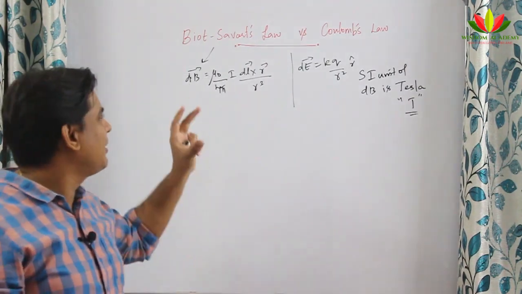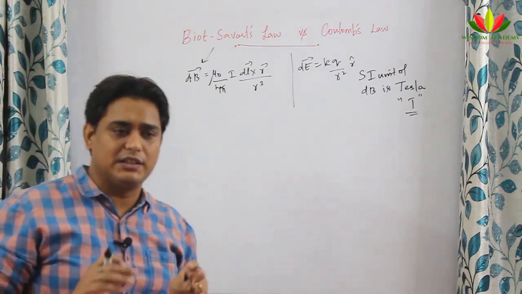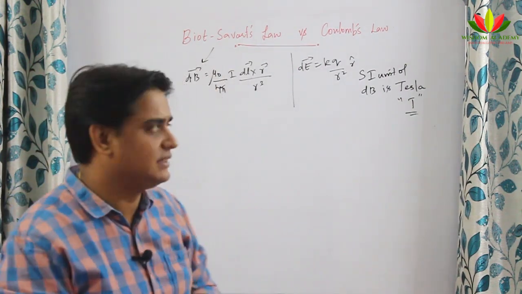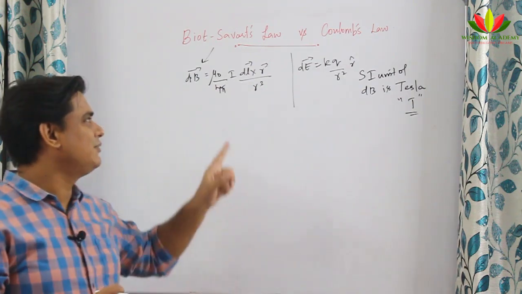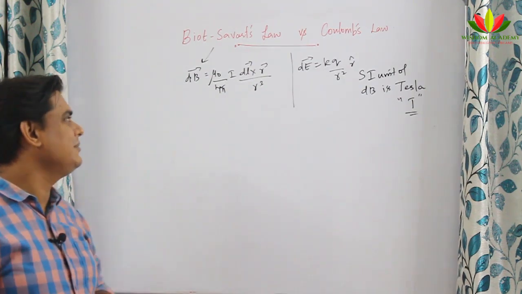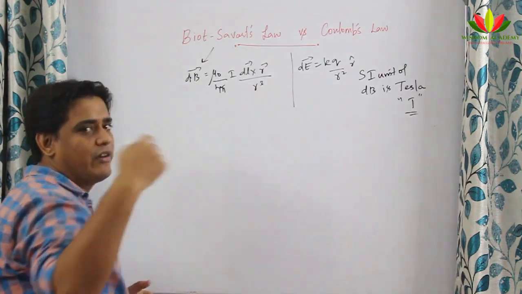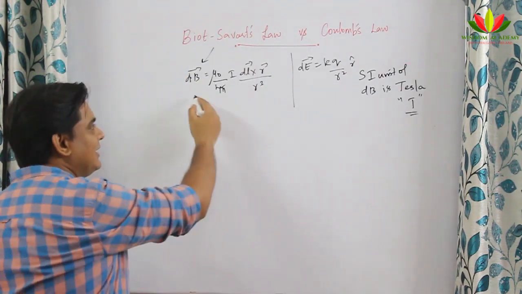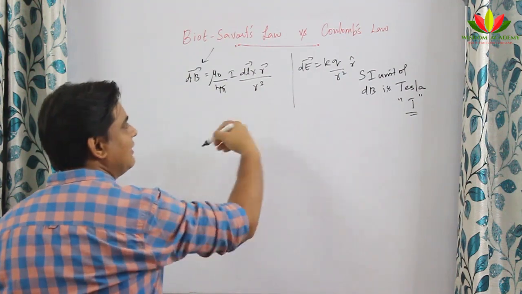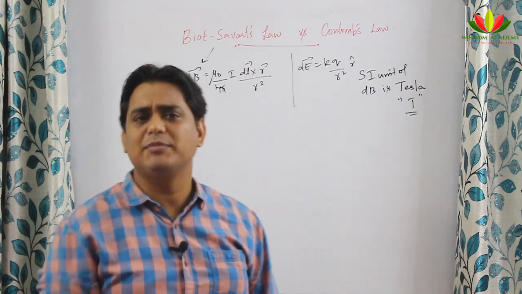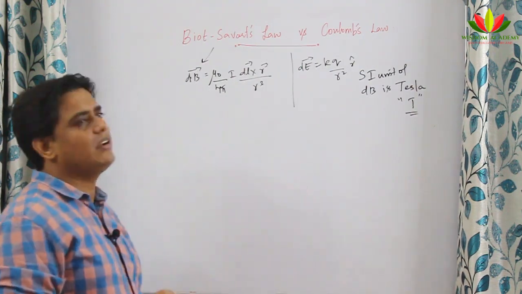Now I am going to draw some comparison between them, whether they have some similarities or differences. Let us see the similarities and differences. First of all, similarity: the first and foremost similarity is that they are both inversely proportional to the square of the distance between them. The second similarity is that they both are long range fields.